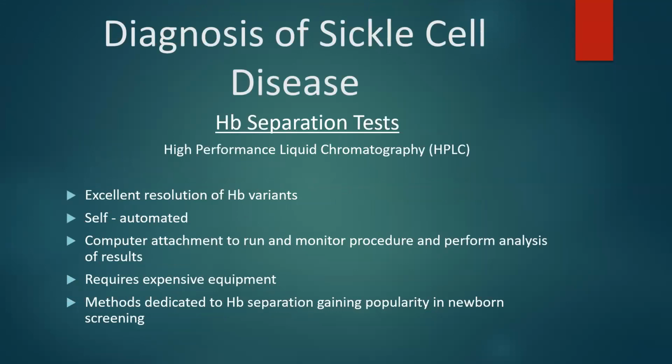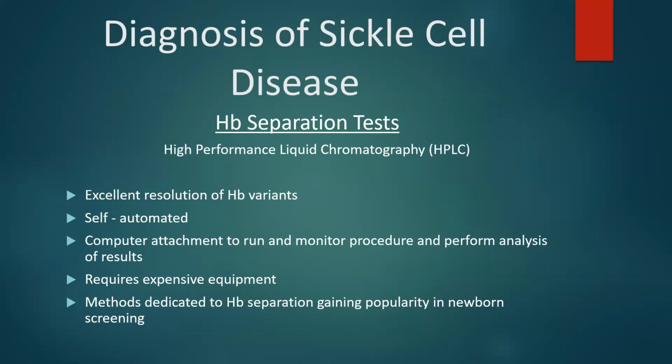So we have the high performance liquid chromatography. This one is also a very high form of diagnosing, but it comes with its own challenges because of how expensive the equipment are, and it needs a lot of technical know-how.